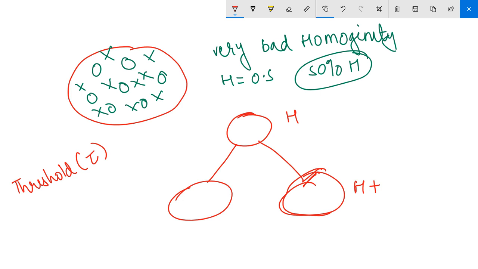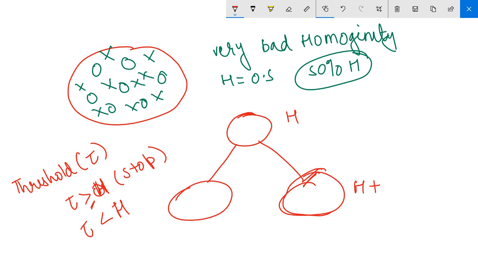And if it is greater than tau or equal to tau, homogeneity, sorry, we stop there itself. But if homogeneity is less than tau, then we keep on splitting until our h increases to our previous value.